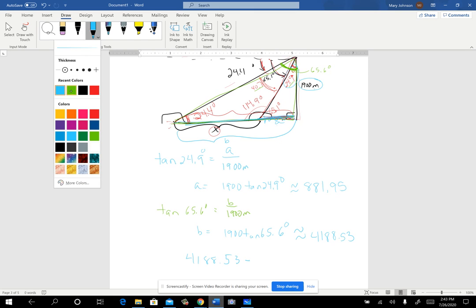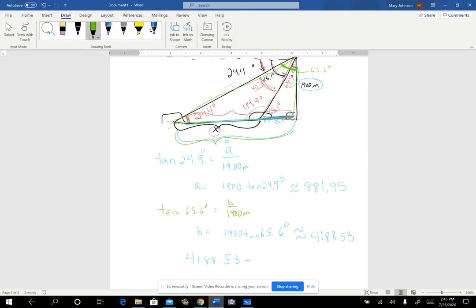So B, let me do it in green. B was that whole thing, and then A was just this little piece right here. So if I subtract the 881.95, that'll give it to me. So I'm going to take my 4,188.53 minus my 881.95.